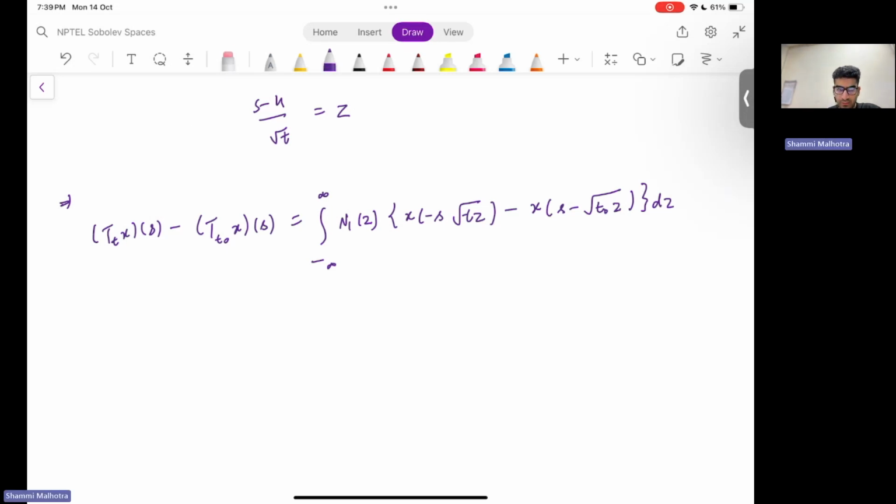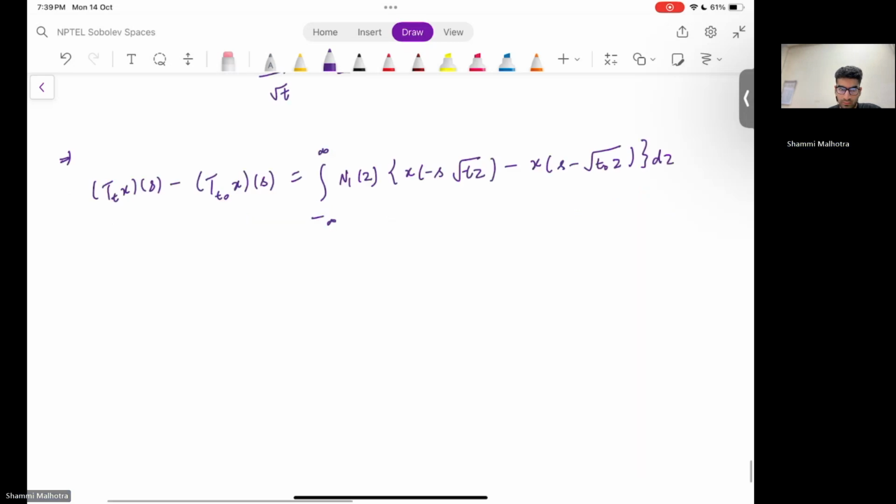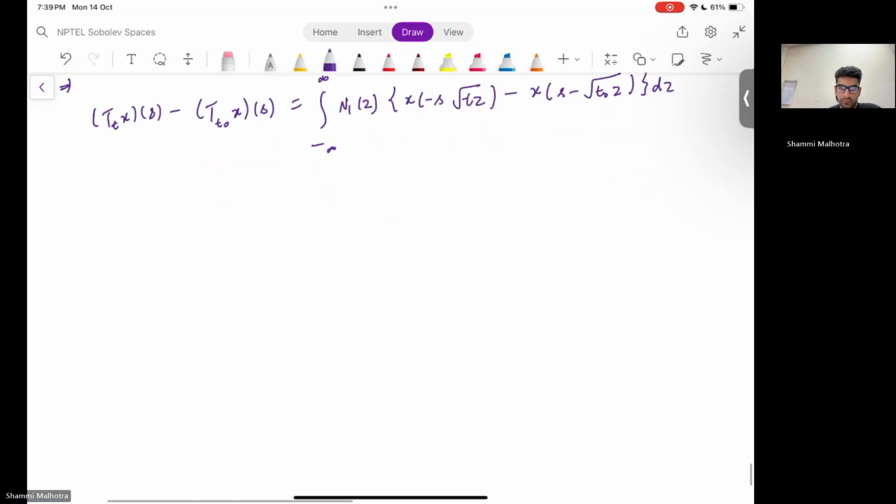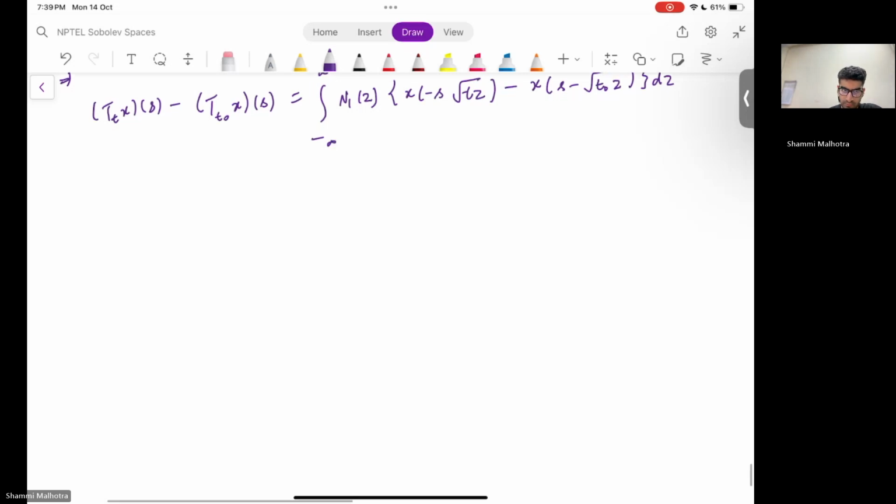Once we have this, I can break this integral into two terms.